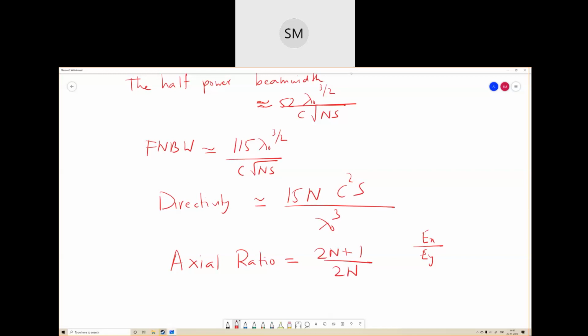So how do we achieve circular polarization in the axial mode? We discussed last class how to achieve circular polarization in the helix antenna in the normal mode. The axial ratio should be close to 1, right?